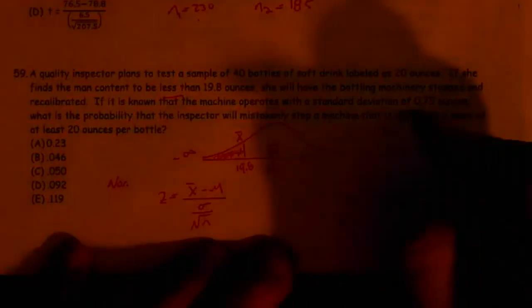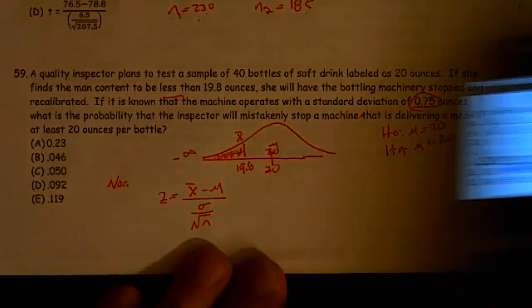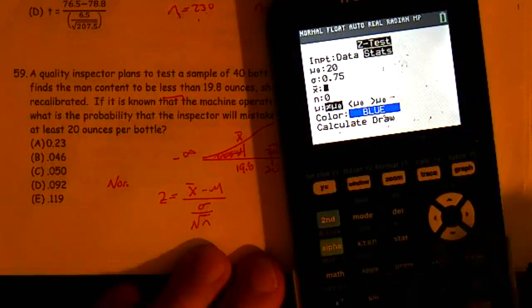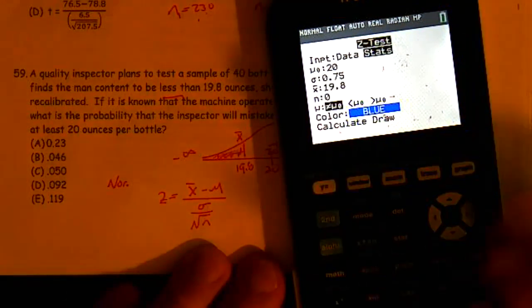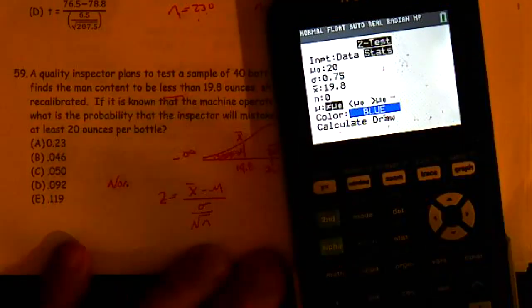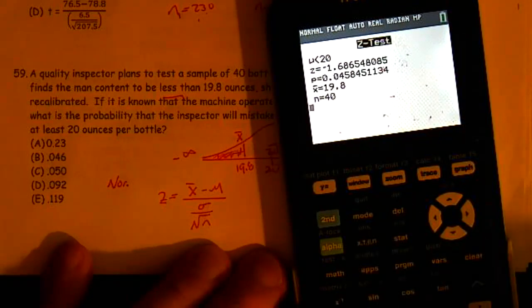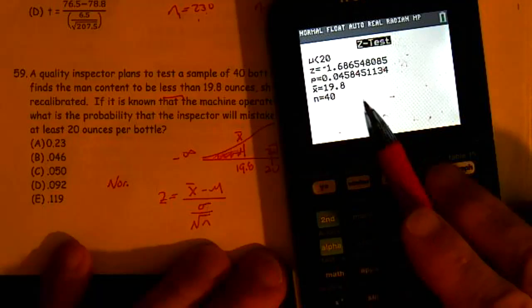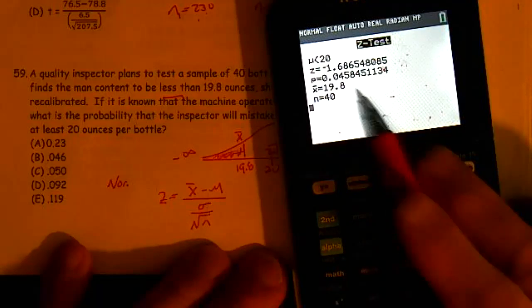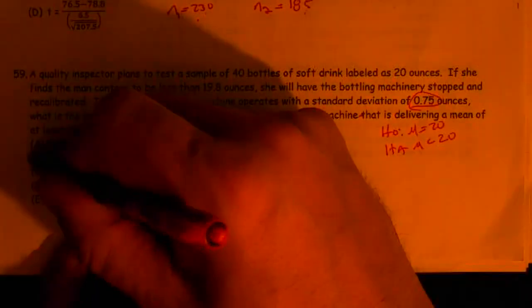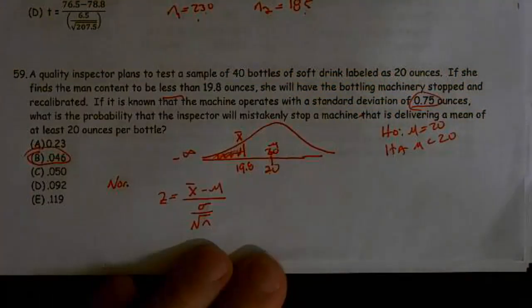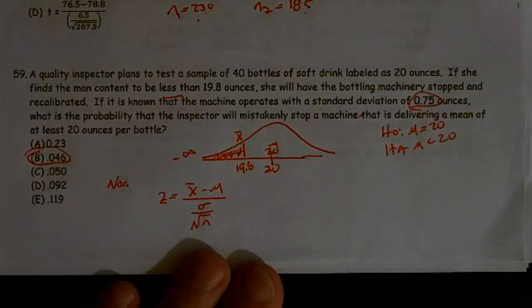That's where I got that from right there. We're going to stop it if we get a sample mean of 19.8. And we're going to test 40 bottles. And we're worried about it being less than. When I do that, I end up getting 0.0458. The probability of that happening by random chance alone is letter B, or 0.0458.